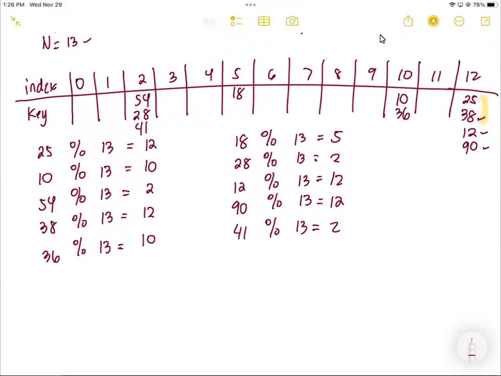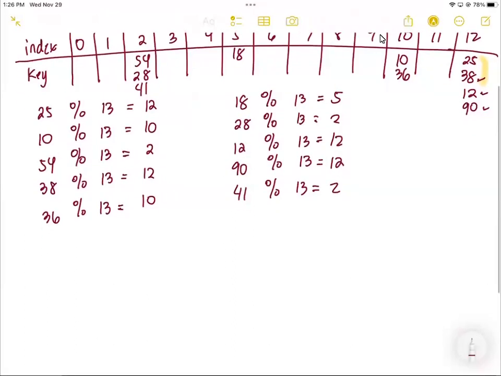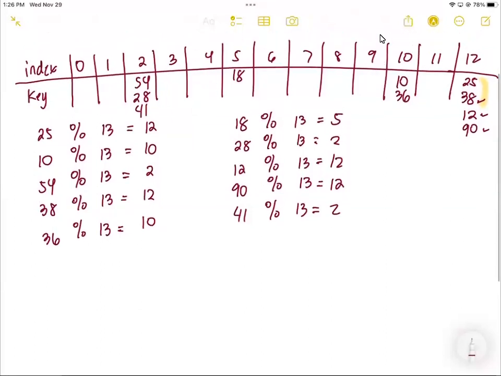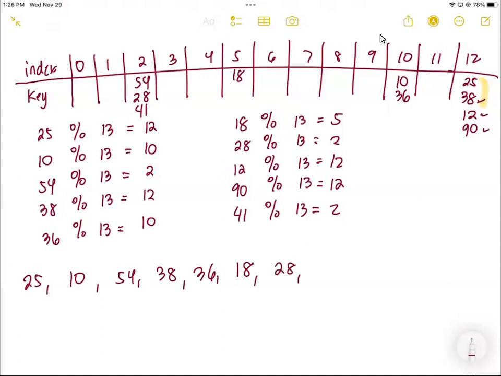Essentially, we are going to look for available slots for these keys. So we have 25, 10, 54, 38, 36, 18, 28, 12, 90, and then 41.